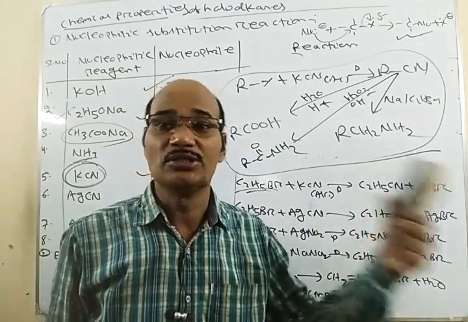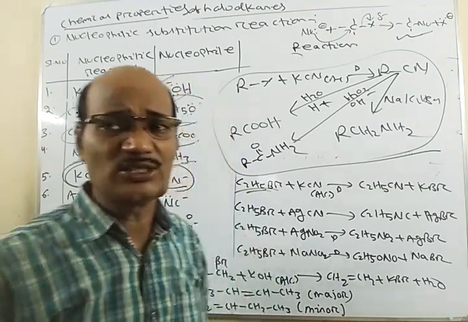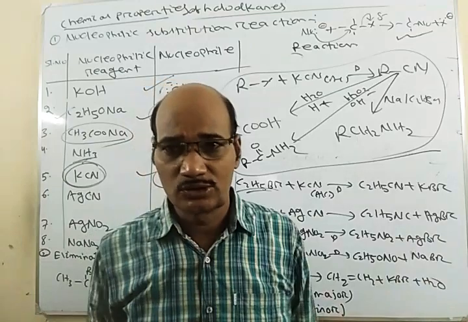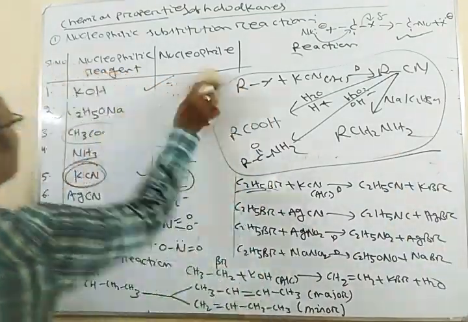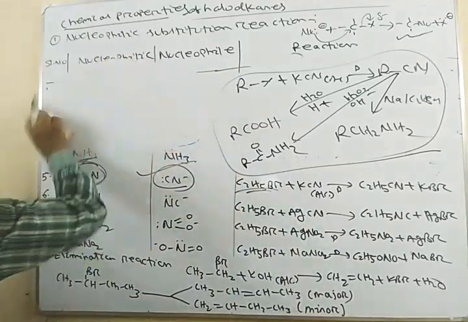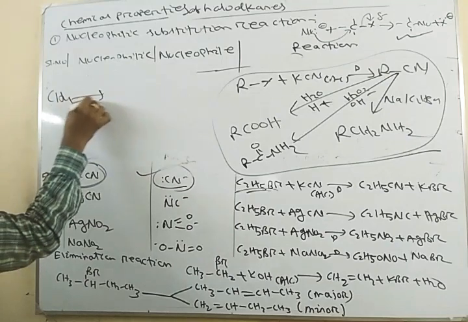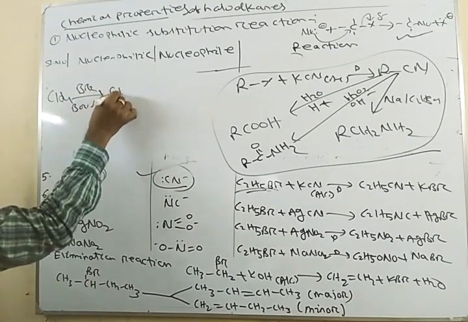Suppose a question asks you to convert methane into acetic acid. How can you do this? You see, methane CH4 with Br2 and light gives CH3Br.